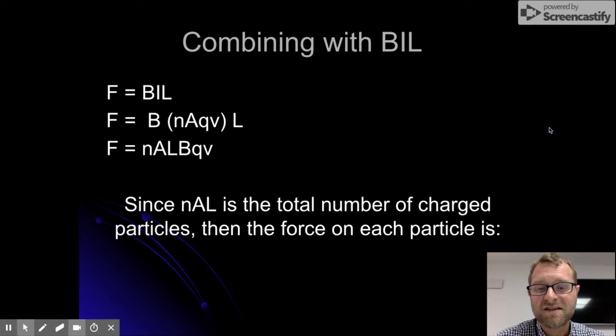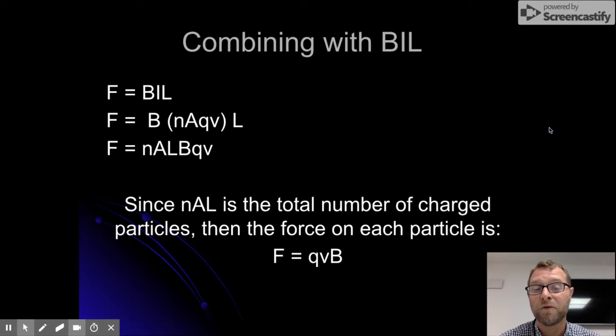Since n is the electron density, or the charge density as it happens, A is the area, and L is the length, then nAL is actually the total number of charged particles. So if I divide by nAL, that gives me the force on just one particle.